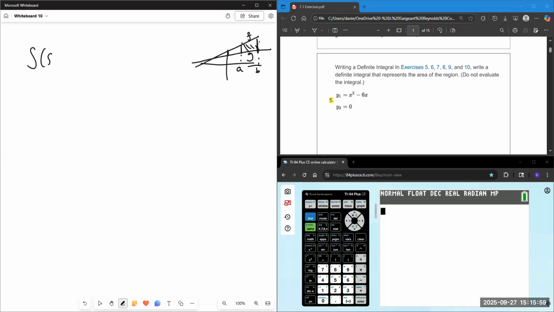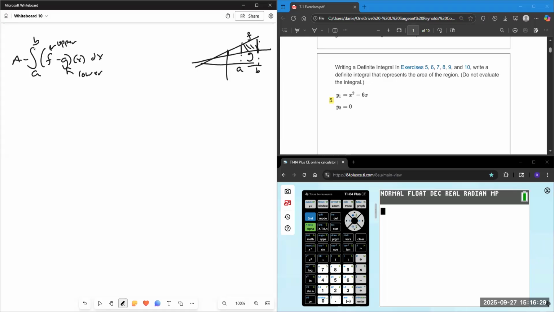And so this is going to be the integral of f minus g of x dx from a to b will be my area. If it was the other way around and g was my upper function, I change the order of subtraction so that it's always upper minus lower, so that I get a positive number in the difference between the y values.